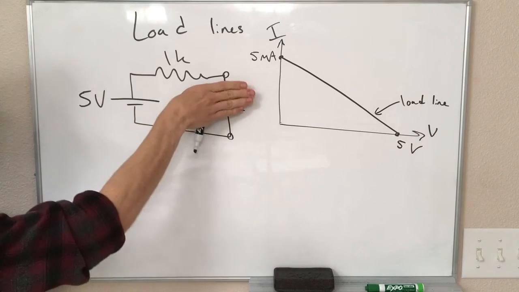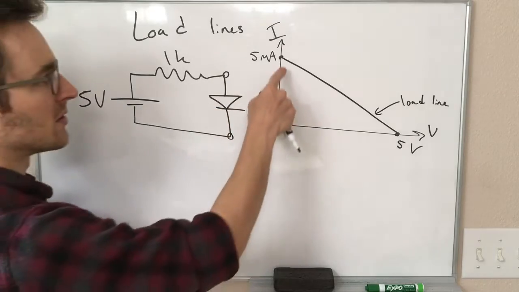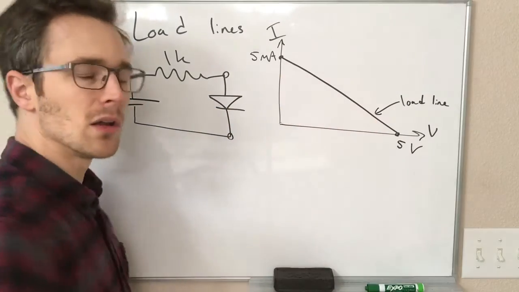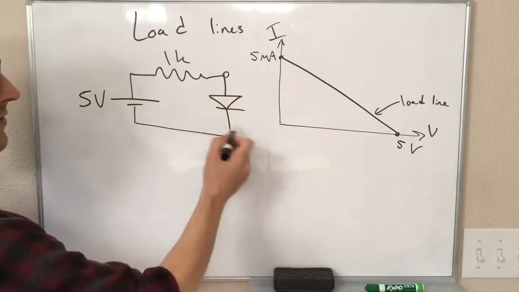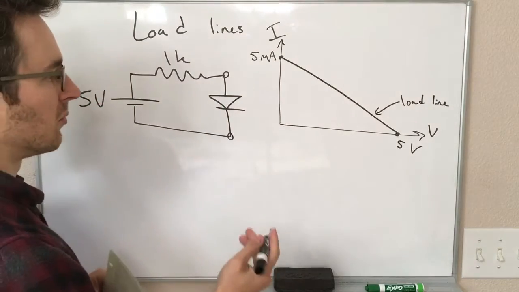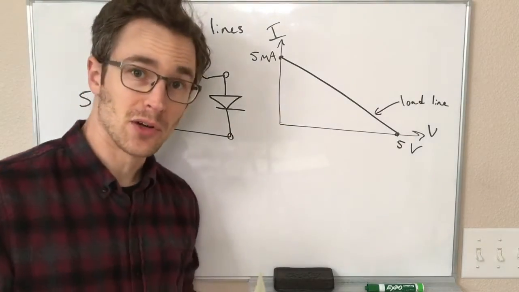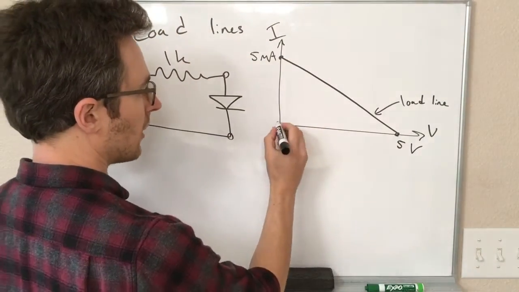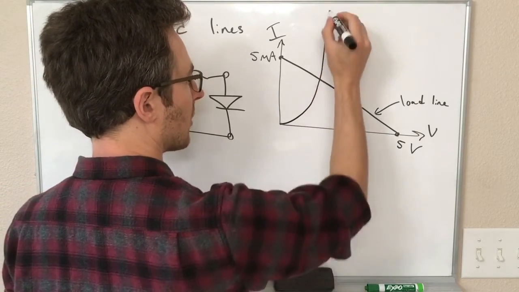So for any load connected here on the right, different values of the resistor or different other components, that is going to be some point along this line. In order to find out the behavior of this diode, we just need to superimpose the diode curve over this graph. If we know the form of the diode curve in terms of an equation, we could figure out exactly what it looks like, but we'll just draw kind of a cartoon.